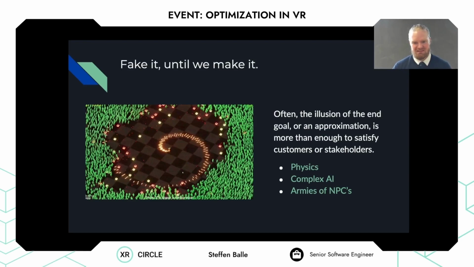And usually with complex AI, whenever I hear a CEO or some stakeholders say, we need some AI for this, we need it to be able to learn and all this stuff, what they usually mean is that they want something that can change over time, and that can often be done much, much more easily than implementing neural networks and complex AI in any way. So think about that. If you really need it, of course, then think about it, but usually you don't.